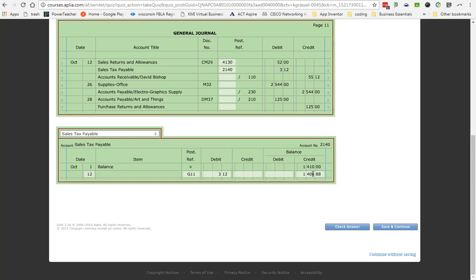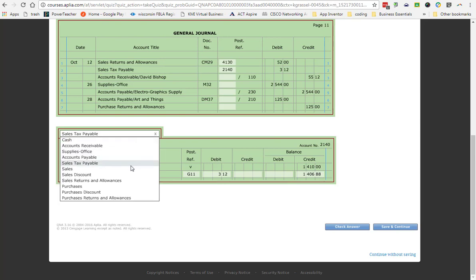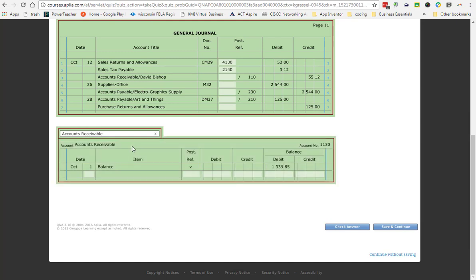Now we have to actually go through and post to accounts receivable David Bishop. Now this is where previously for this chapter, we have already posted to the Subsidiary Ledger account in our accounts receivable David Bishop. Now we actually have to go through and also deal with our accounts receivable. So I'm going to put the date in of the 12th.